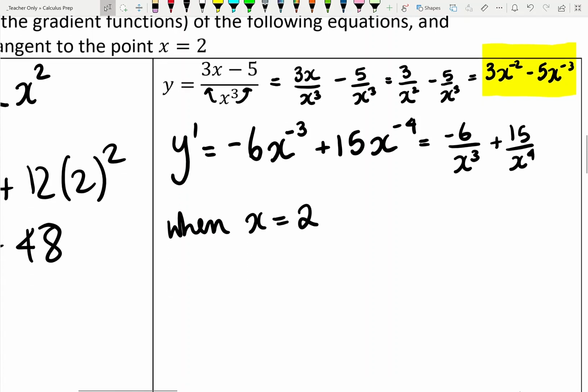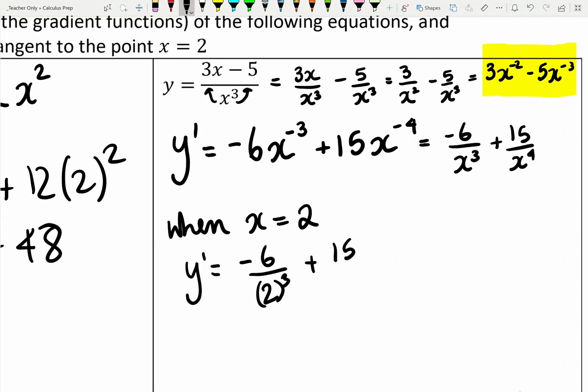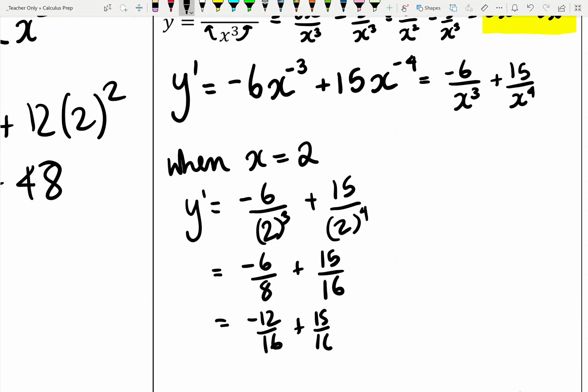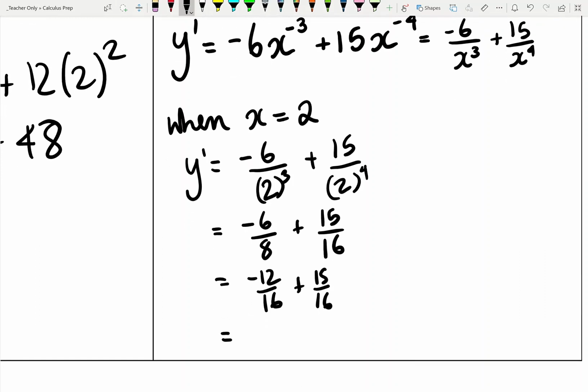When x equals 2, y dash is going to be negative 6 on 2 cubed plus 15 on 2 to the 4, which is going to be negative 6 on 8 plus 15 on 16, since 2 cubed is 8. So it's negative 12 on 16 plus 15 on 16, which is going to be 3 on 16.